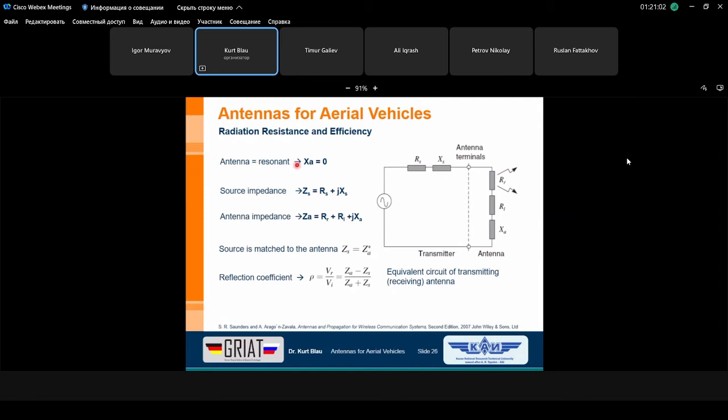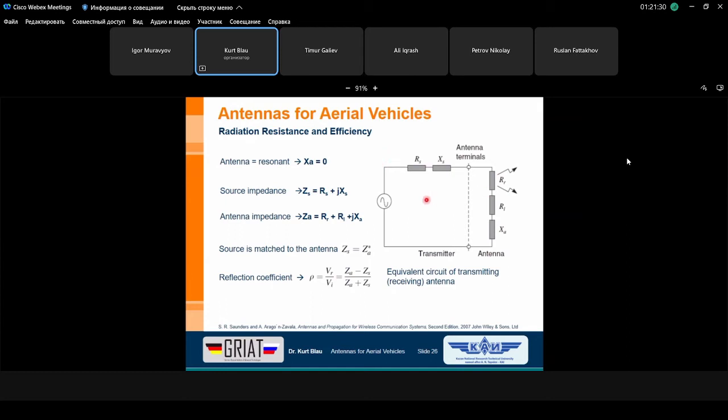Here are some basic formulas. If the antenna is resonant, meaning it's compensated by an additional element, then this imaginary part is 0, it doesn't exist. It's the case of resonance. Then the source impedance is nothing else than what the antenna sees looking inside the generator.